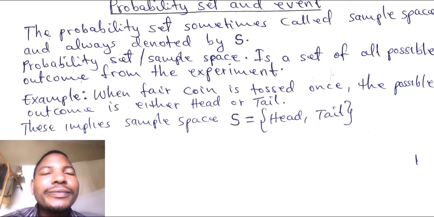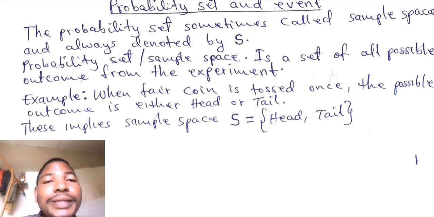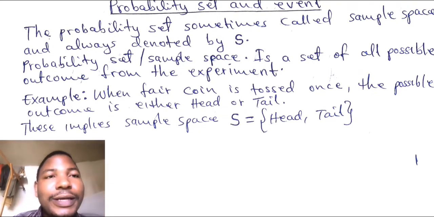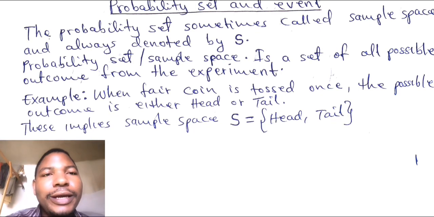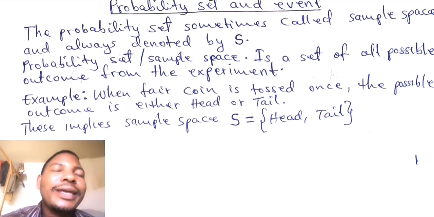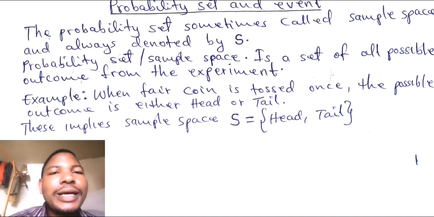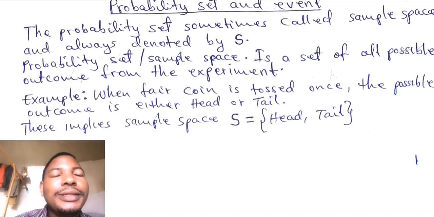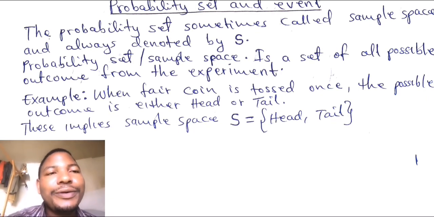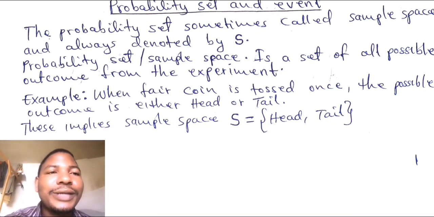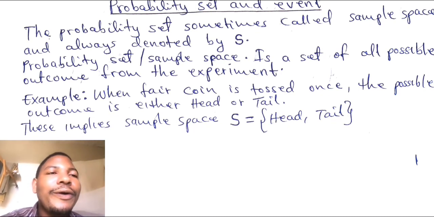This probability set, or sample space, is always presented in set form. Let's say a coin is tossed once and the results are recorded. What is the probability set, or the sample space? When you toss the coin, because we know the coin has only two sides, either head will appear or tail will appear.